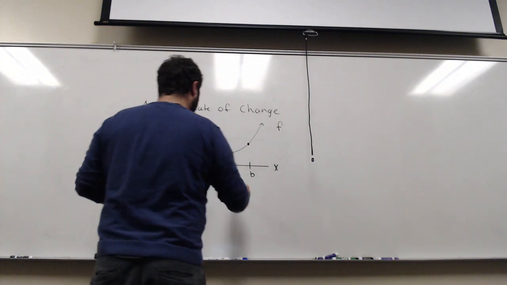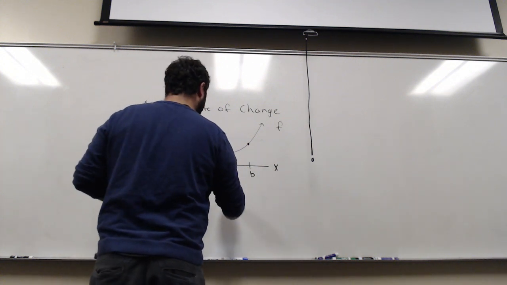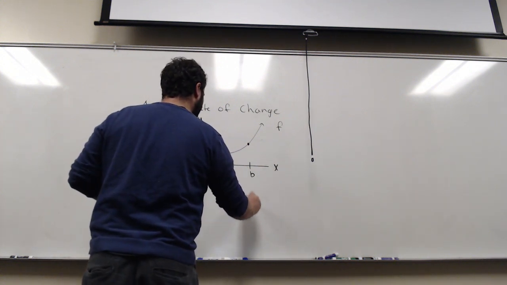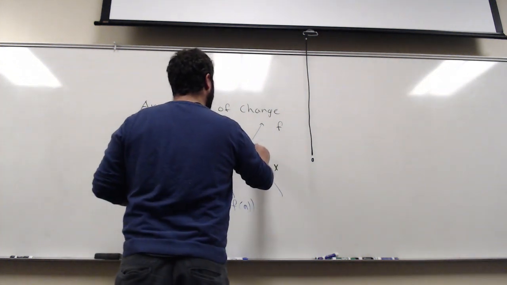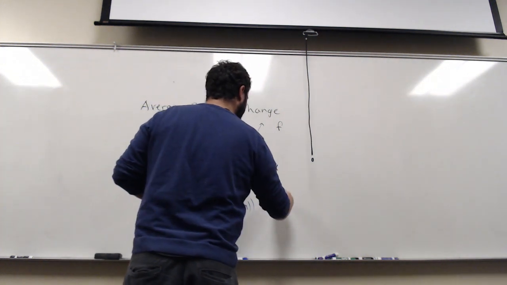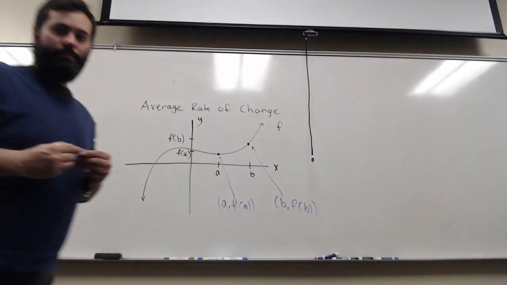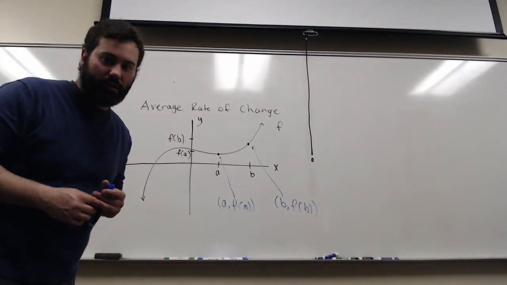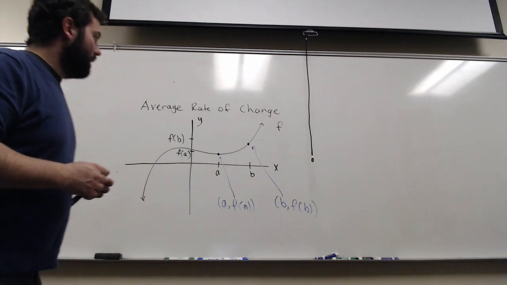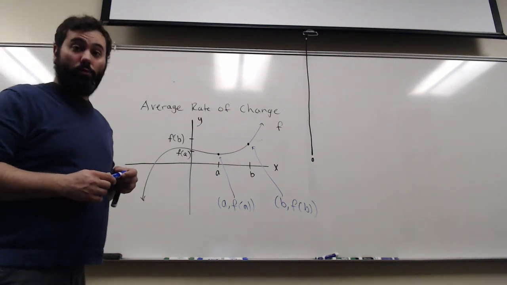These points right here would have coordinates. I'll just use an arrow here. This point has coordinates a comma f of a, and this point up here has coordinates b comma f of b. Hopefully everybody can see that well enough, and hopefully there's not too much glare on the whiteboard.